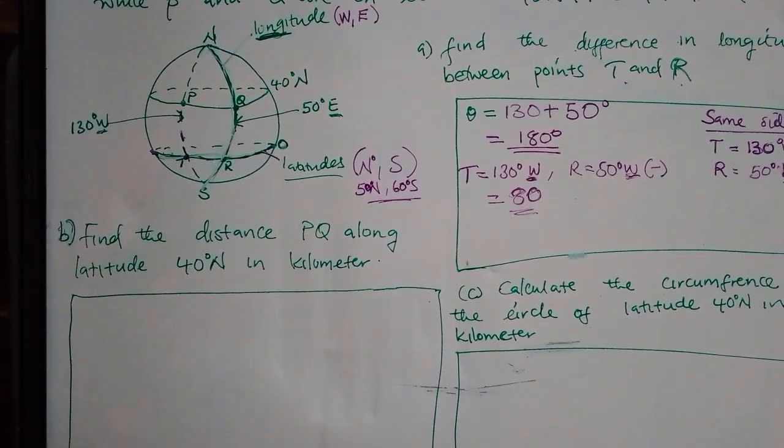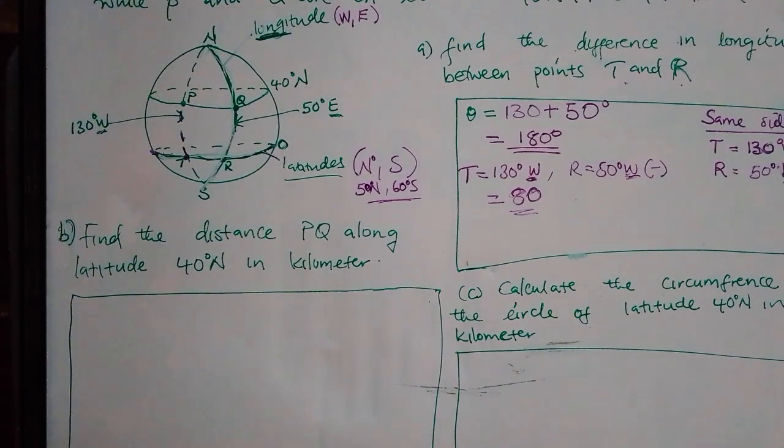Here we only have two formulas which you need to know: one is the formula for distance along latitude, and the second is the formula for distance along longitude. Remember, these two formulas only differ in one part, as you will see.